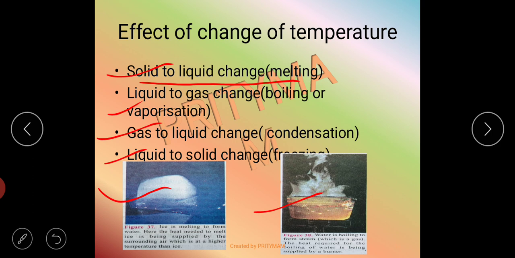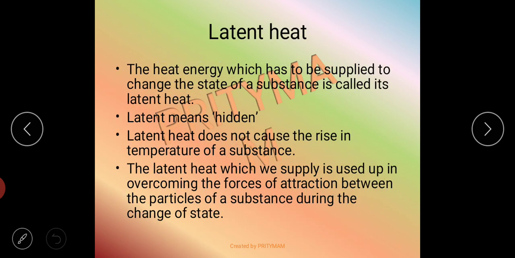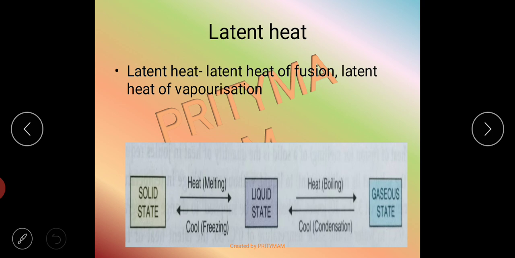The state of matter can be changed by changing the temperature by heating or cooling. When a liquid is heated further, it boils to form gases.